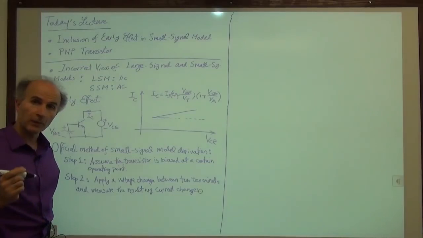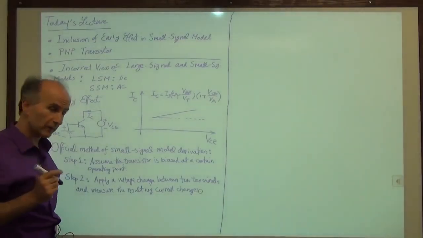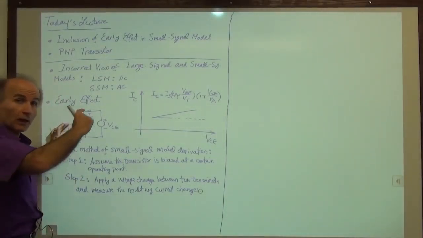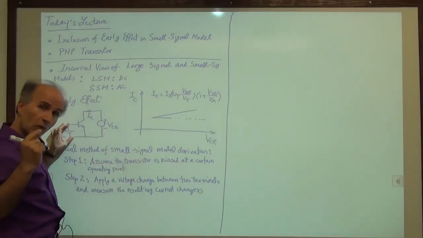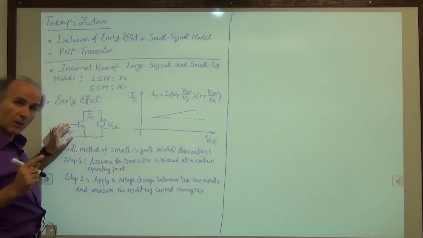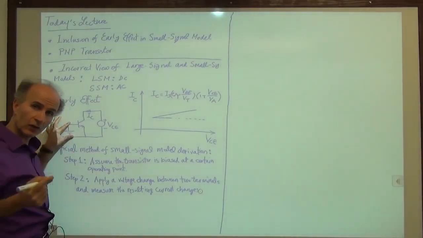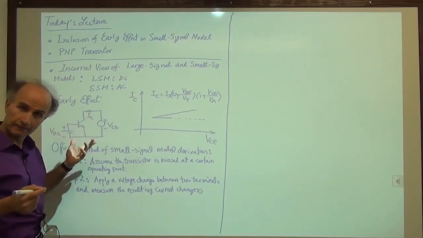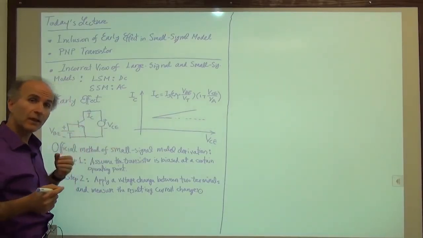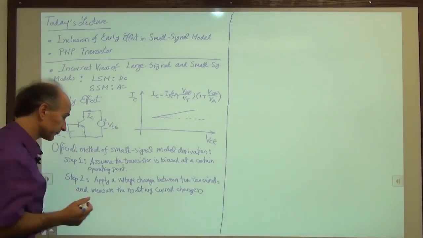Okay, so we apply a voltage change between two terminals, for example these two, while other voltages are fixed, and then we go around and see what this voltage change has caused. Has it changed a current here, a current here, a current here? Any current that has changed now needs to be modeled.